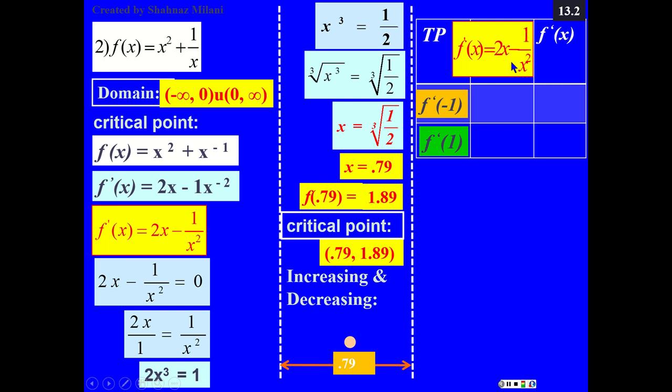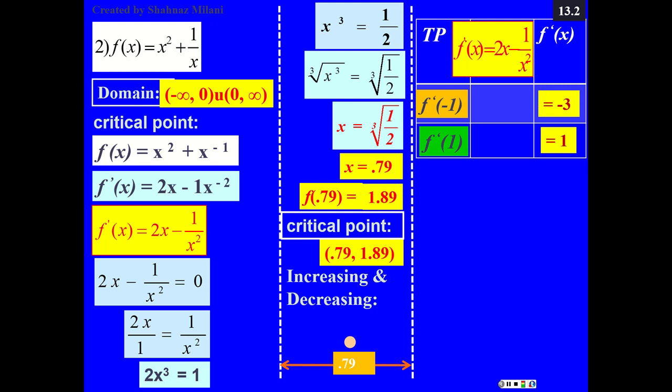Then -2 combined with -1 becomes -3. Now, replace the x by 1. Then here I would get 1. Here I get the -1, which is going to be 1.